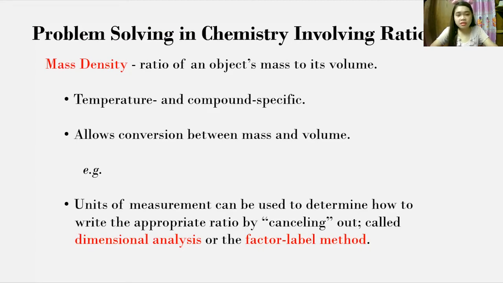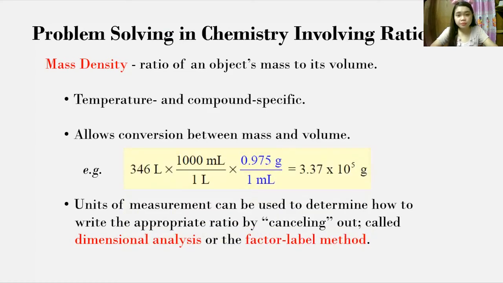So this mass density ratio allows conversion between mass and volume. For example, if you're given a volume and you want to convert it into mass, you just need to use its density. Here we have a liter.